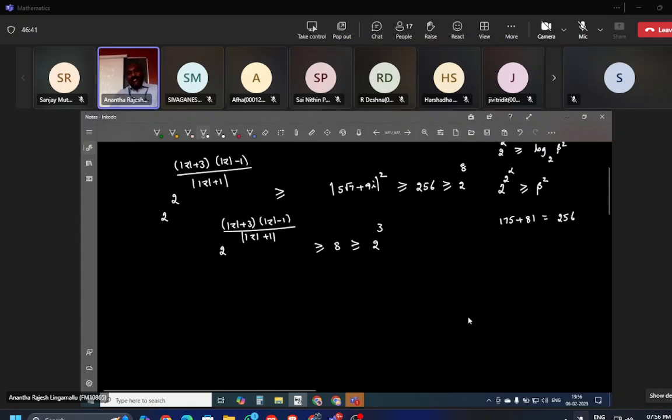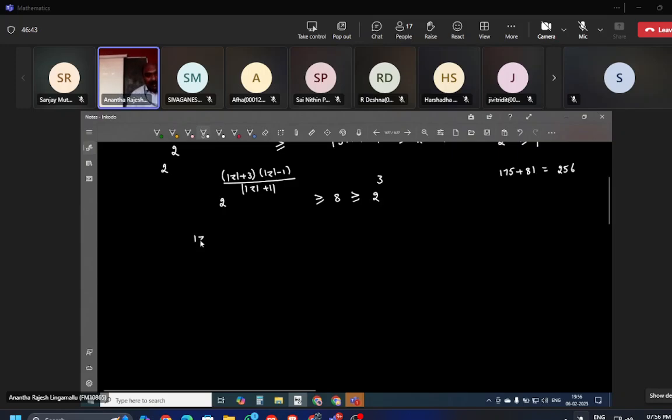That means once again I can write it as mod z plus 3 into mod z minus 1 divided by modulus of mod z plus 1 greater than or equal to 3. Solve this inequality. How to solve this inequality?